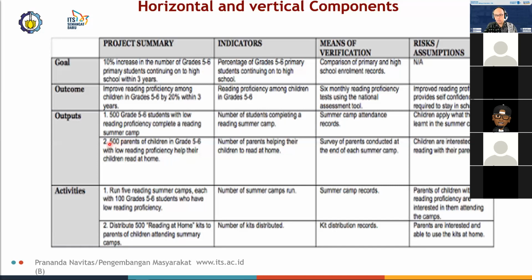I think output number 2 in this matrix is a bit more difficult to measure.